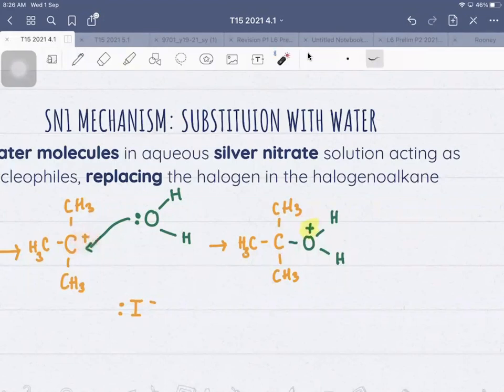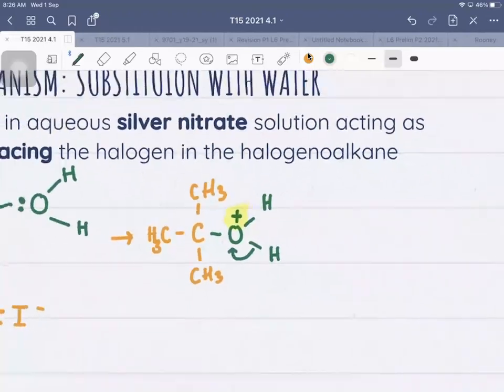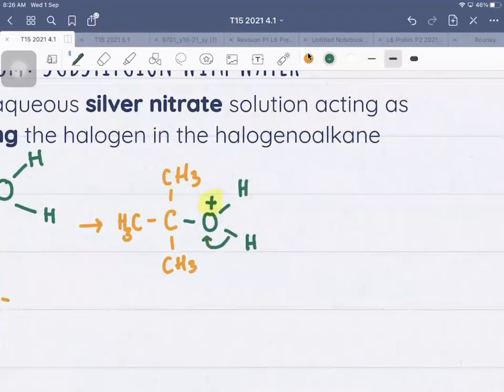However, now the positive charge is on oxygen because oxygen has given away its electrons, right? So how do I make this positive charge happy? I have to break one of the O-H bonds and donate the electrons to that oxygen to form an alcohol.